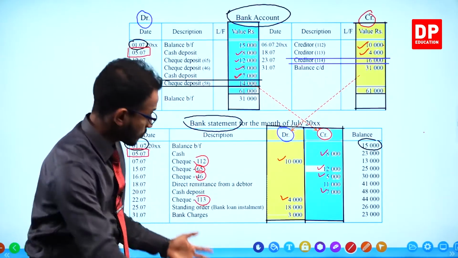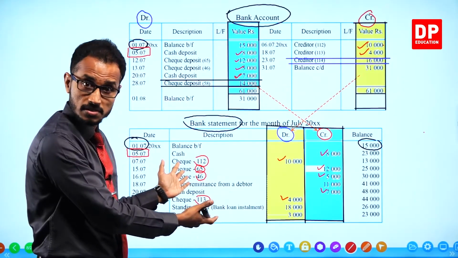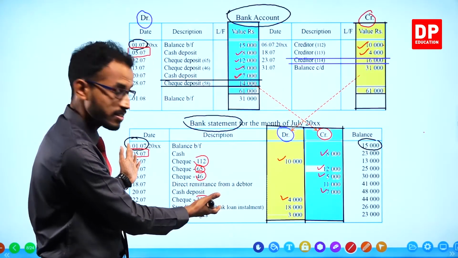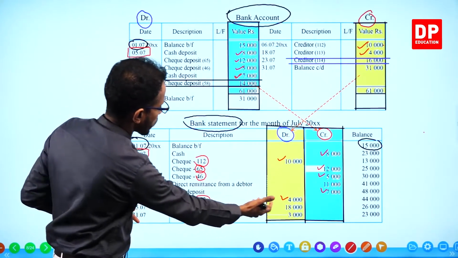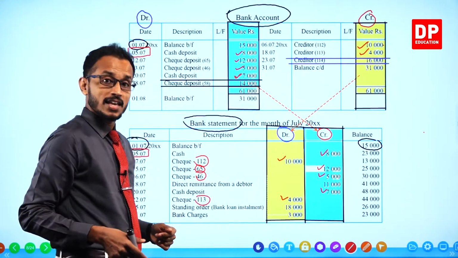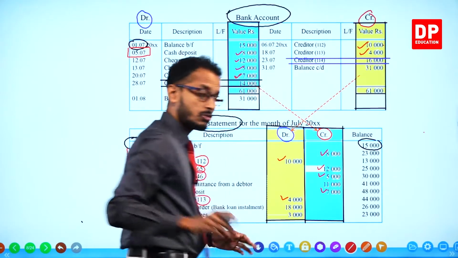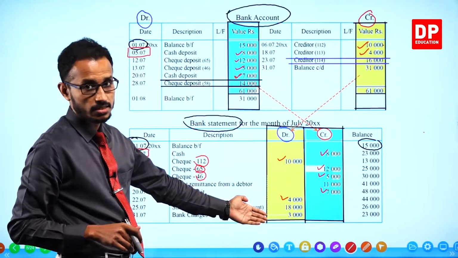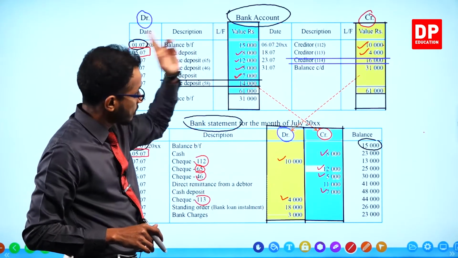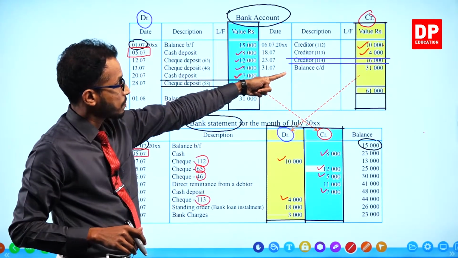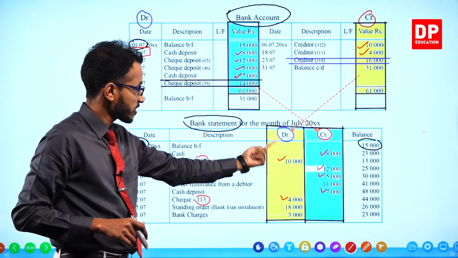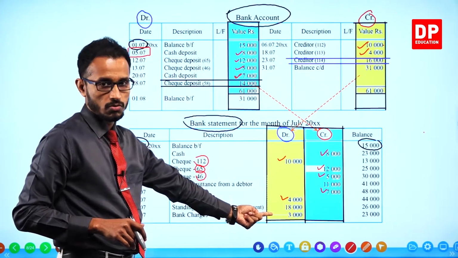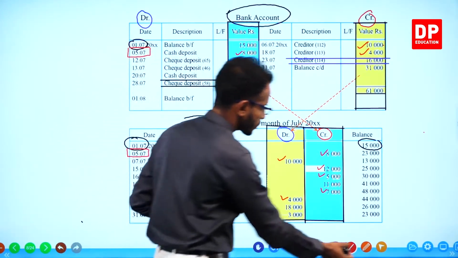But there are items remaining in the statement. Can't you see? There are 2 items on the bottom. Do not miss out the checking of the statement items. We checked the bank account items, but we didn't check the statement items. There are more in the statement. Okay.